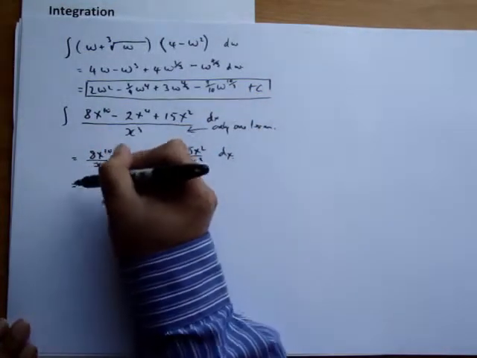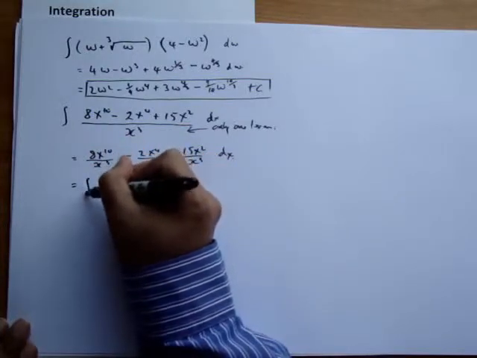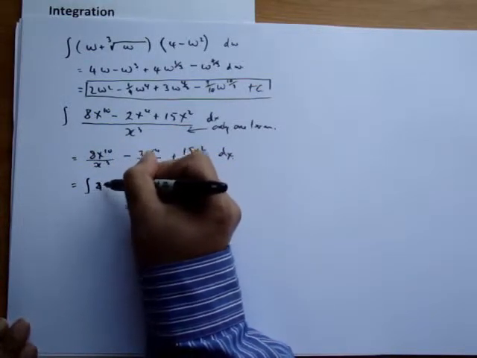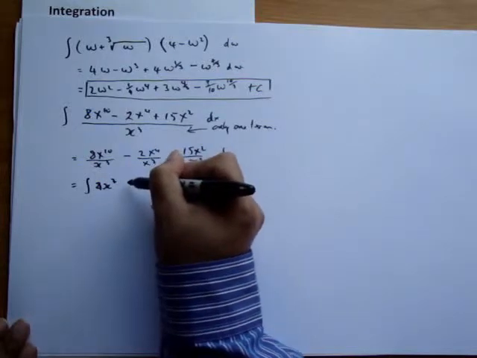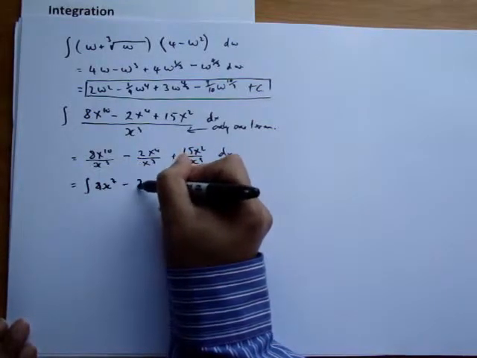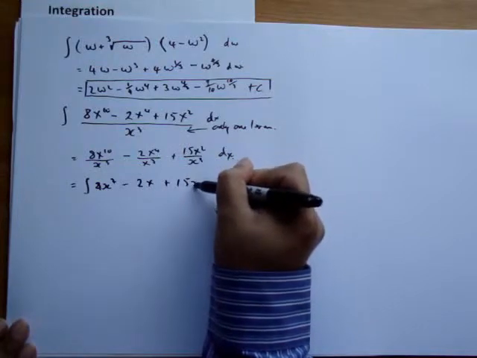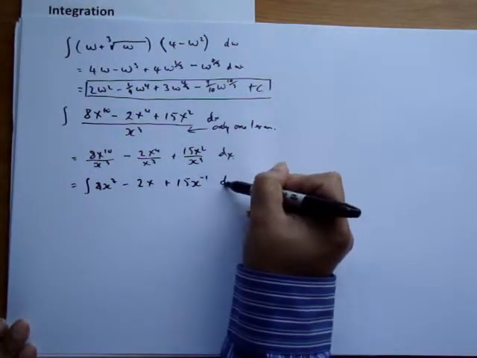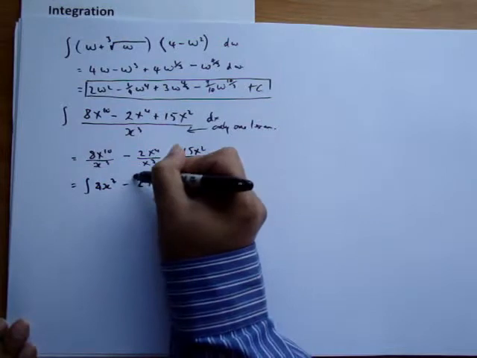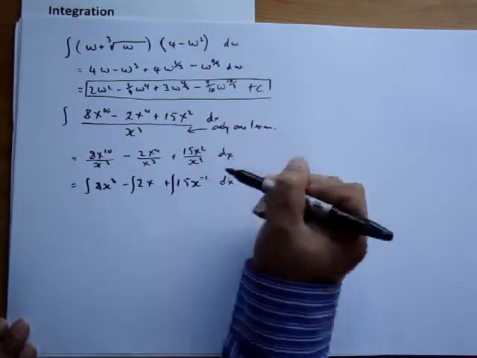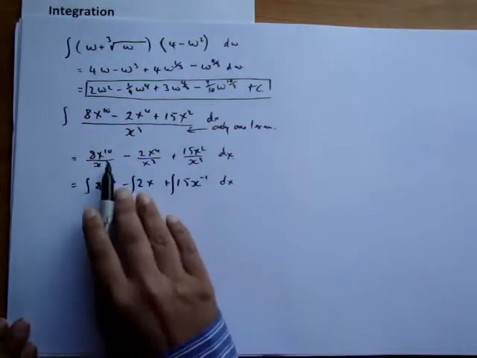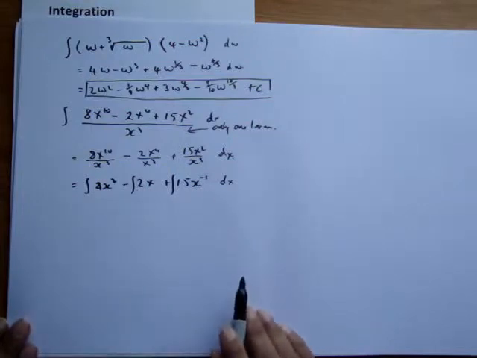When we tidy this up, we get the integral of 8x to the 7 minus 2x plus 15x to the minus 1 dx. And all these integrals can be separated.